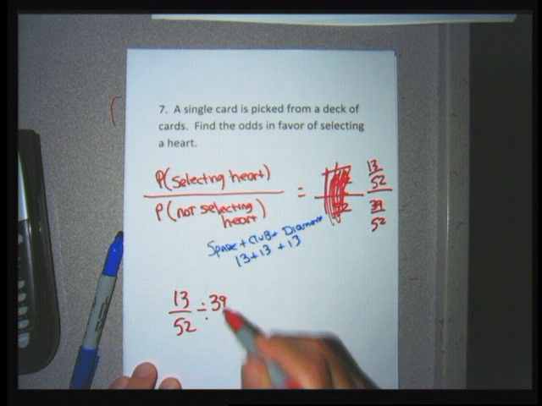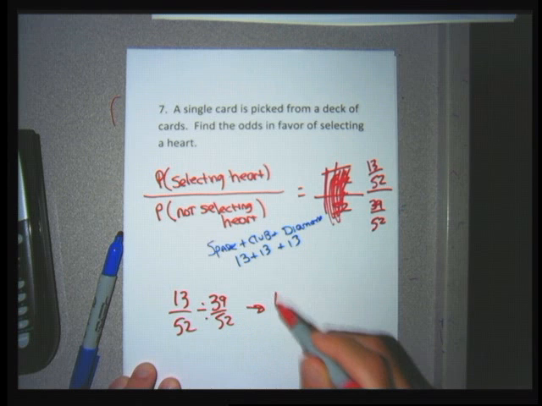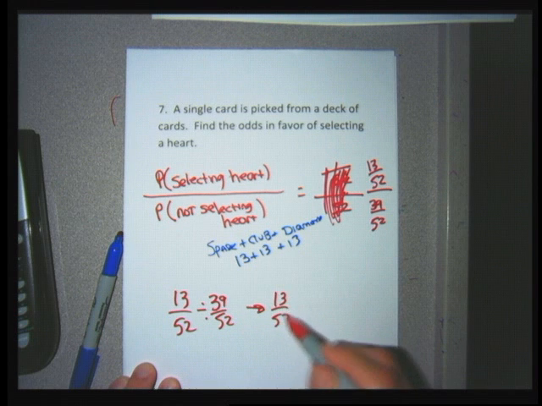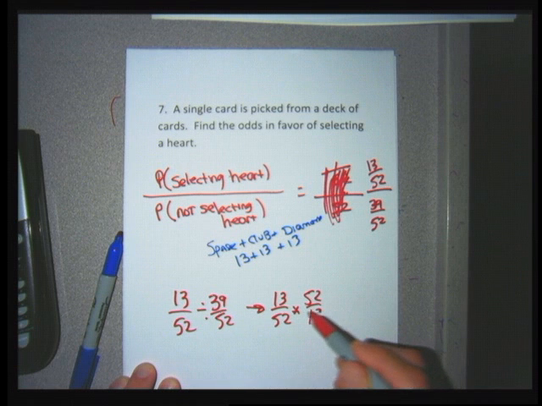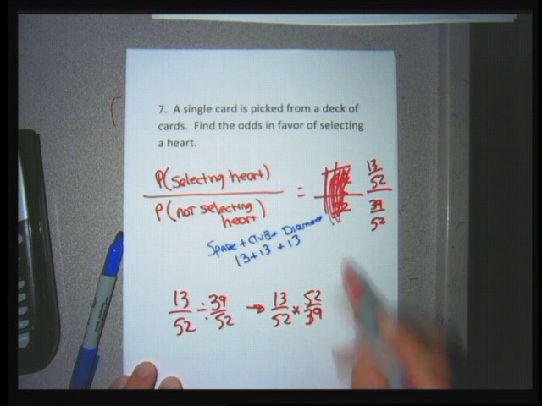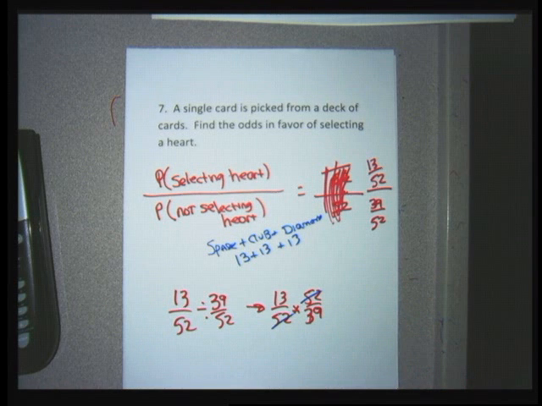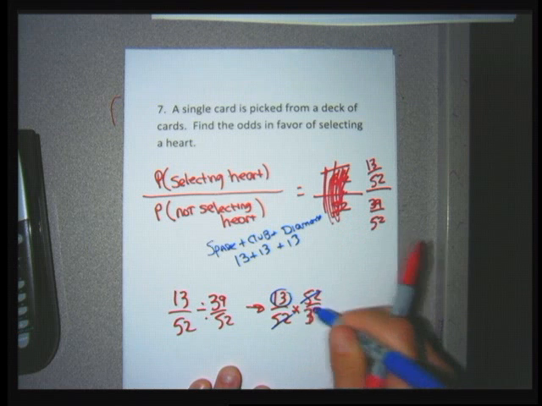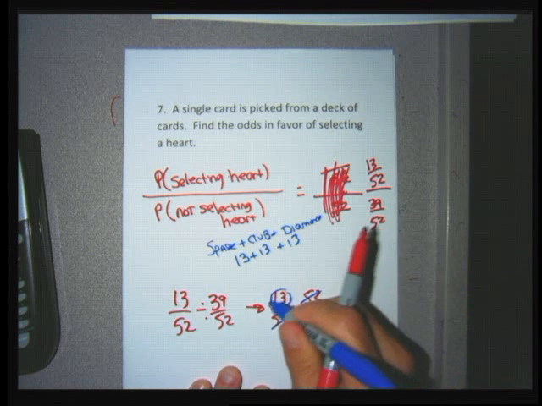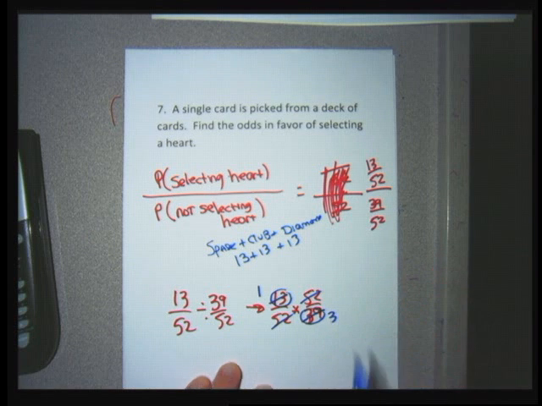I could rewrite that fraction as a division problem. I can invert this and multiply it. So this is 13 over 52 times 52 over 39. The 52s cancel, and this is the first multiplication problem where we've been able to cancel more than just one canceling. This 13 and 39 cancel because 13 divided by 13 is 1, 39 divided by 13 is 3.